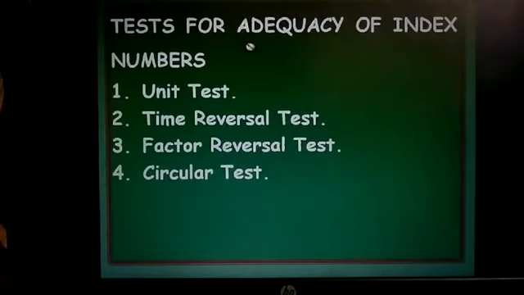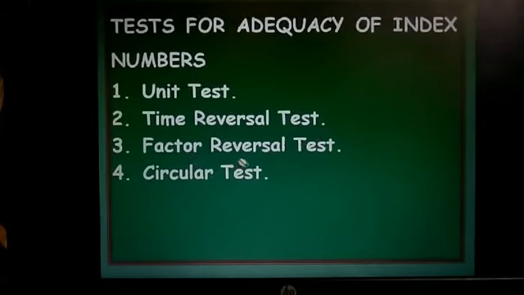In order to adequate index numbers, the tests to be performed will be called as tests for adequacy of index numbers. We will come across in our syllabus these 4 tests as test for adequacy of index numbers. First one is unit test. Second one is time reversal test.